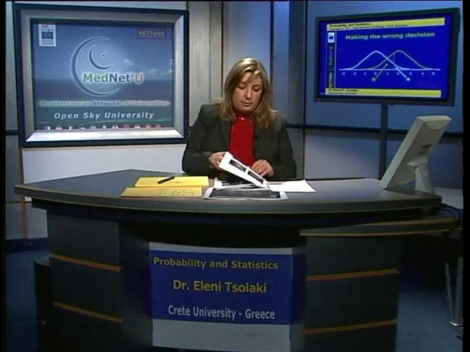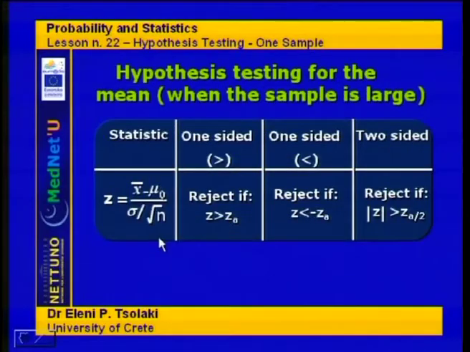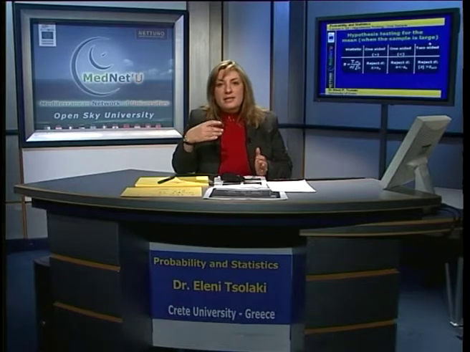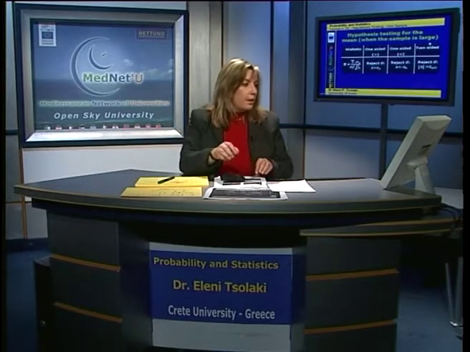Now, let's see how we can do hypothesis testing for the mean when the sample is large. We are going to see that actually we have the same categories as we had for confidence intervals.